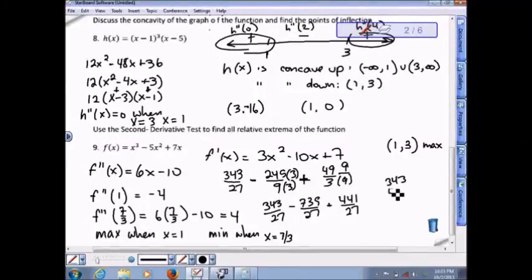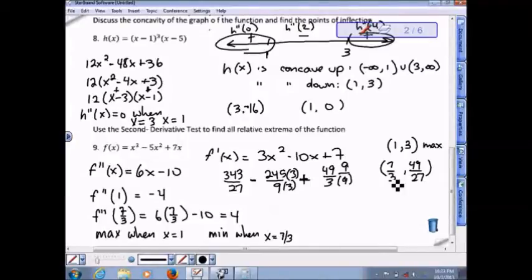We get 784. Now 784 minus 735 is 49/27. The fractions are not all that bad.